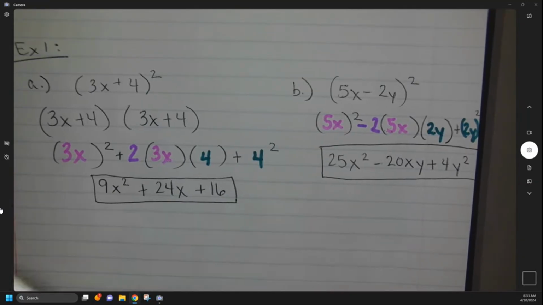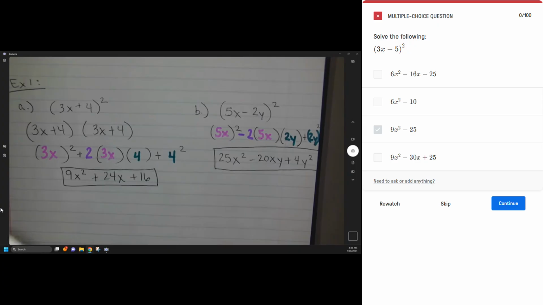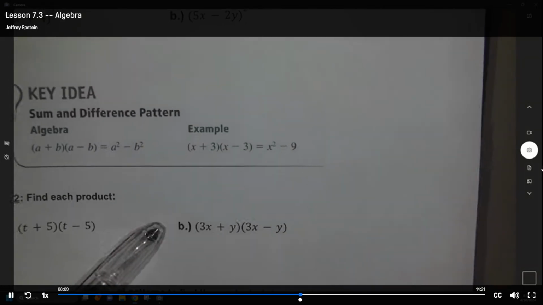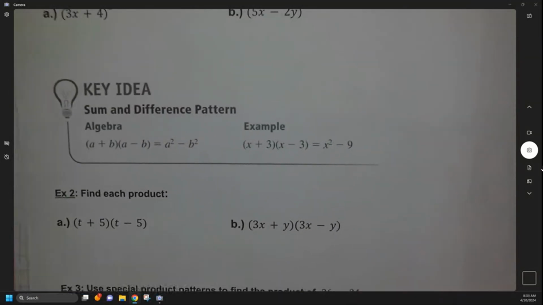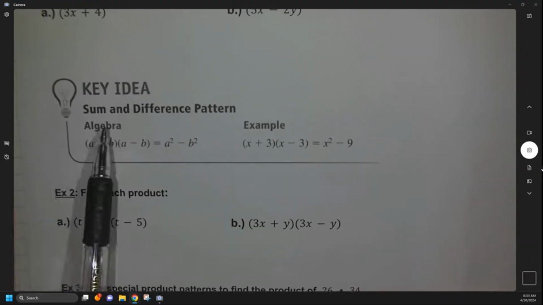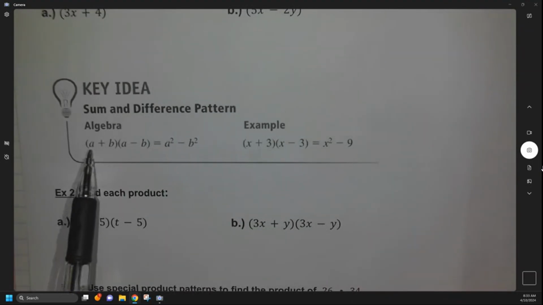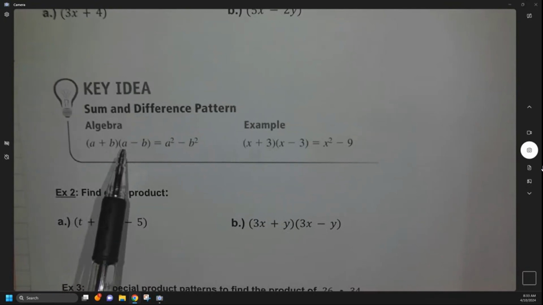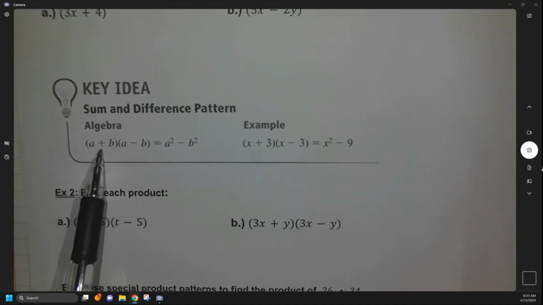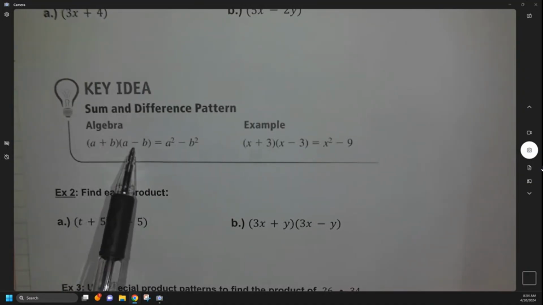All right, so let's take a look at this next really important idea we have here. So it says we're looking at sum and difference patterns. So for example, if I have a plus b times a minus b, notice the terms are the same with the exception of this being positive and this being negative.